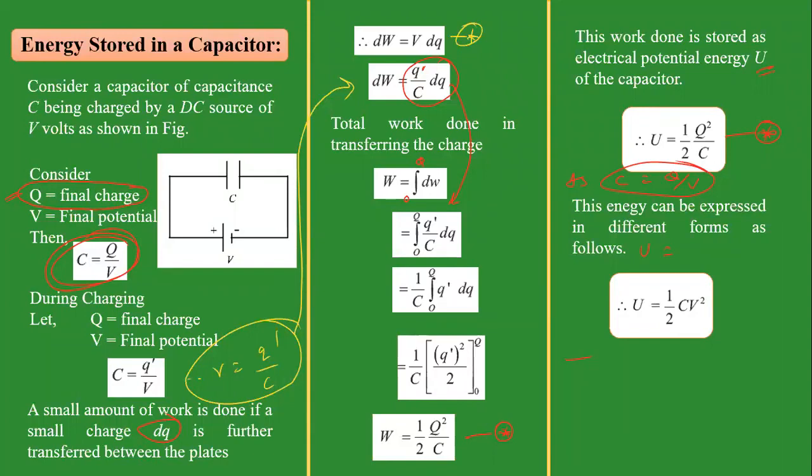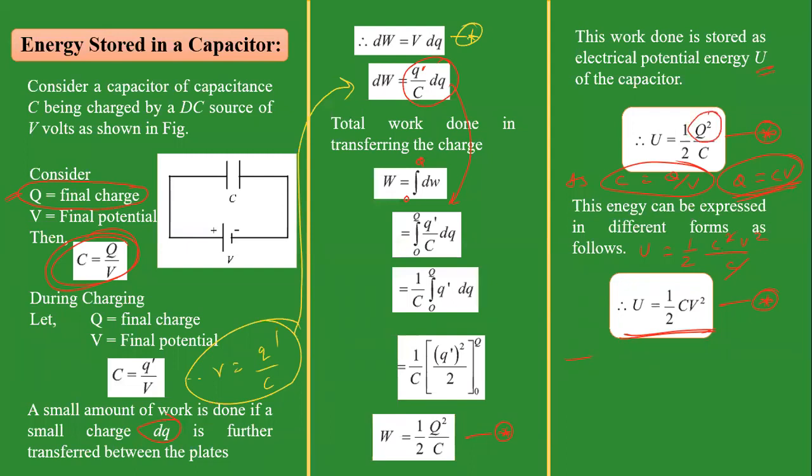U is equal to 1 by 2 as it is, so we get C square V square by C. This C and this C get cancelled, and we get 1 by 2 CV square as the energy stored.